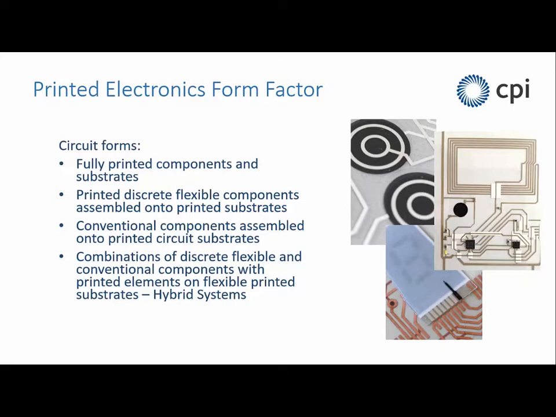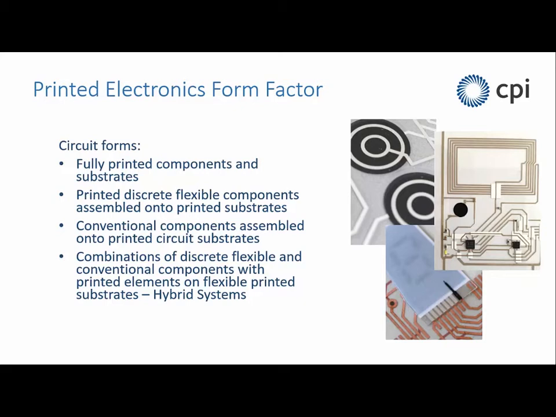It's a combination of those technologies with conventional technologies that we assemble the electronic components onto the surface using adhesives, occasionally solder, and we end up with what's termed a hybrid system. So it's a hybrid of flexible, printable elements and conventional components. And you see a couple of different examples there.